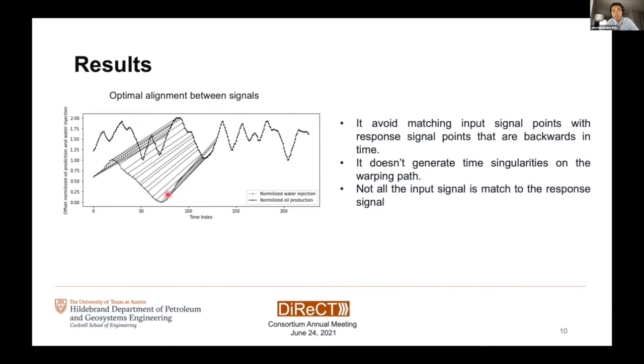Additionally, we are only matching sequences that are similar at later times. So we are looking for similar patterns that are after the water injection has happened. Additionally, we are not matching every single point as opposed to the classical algorithm. So this is going to help us to determine the lag time between the water injection and the production response.